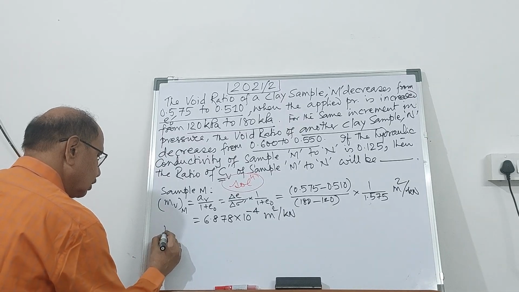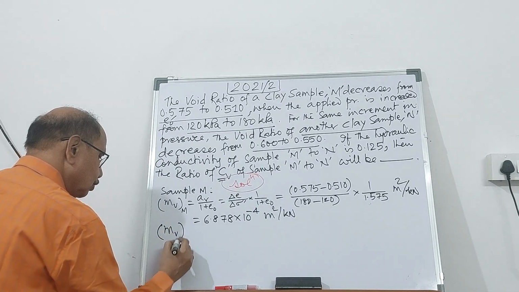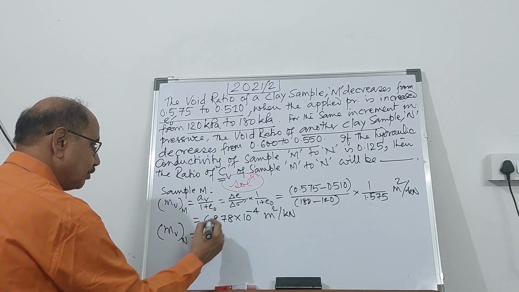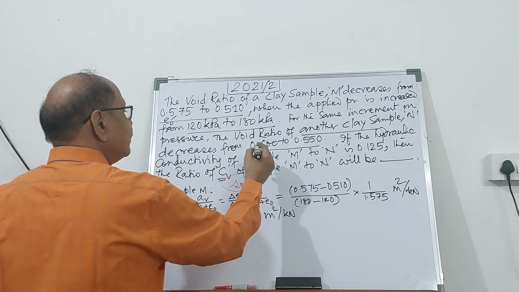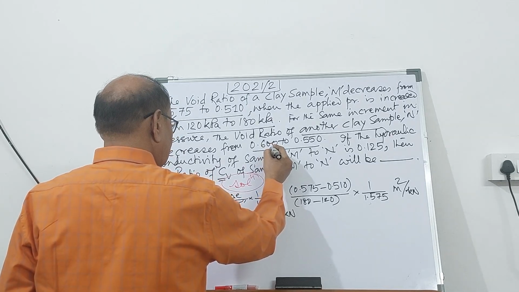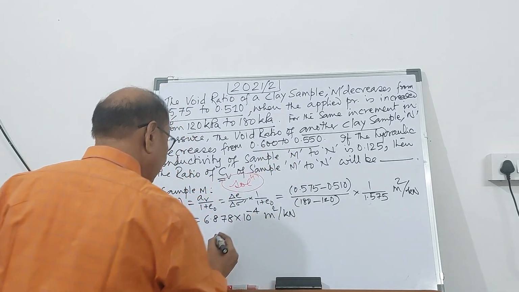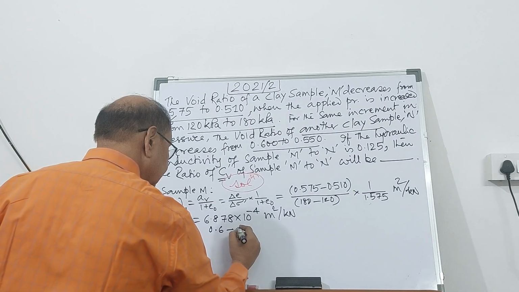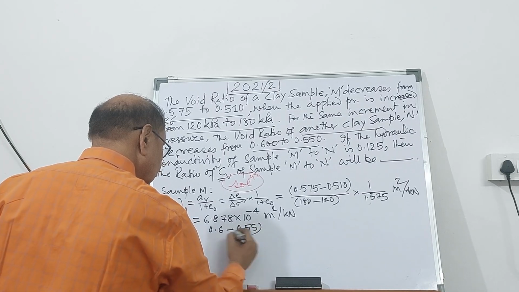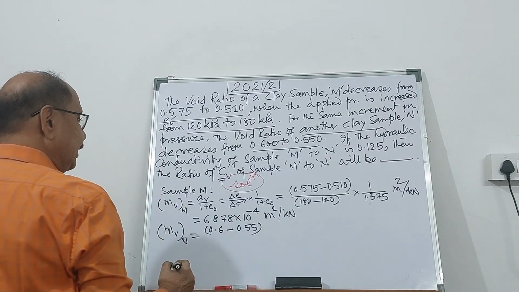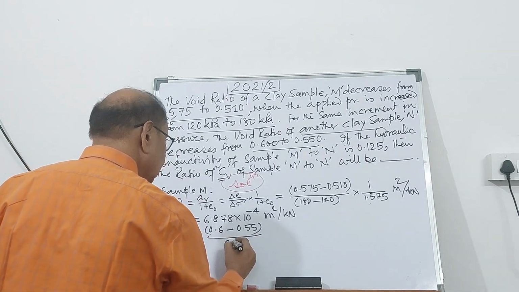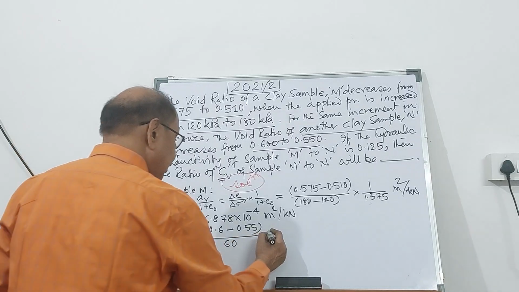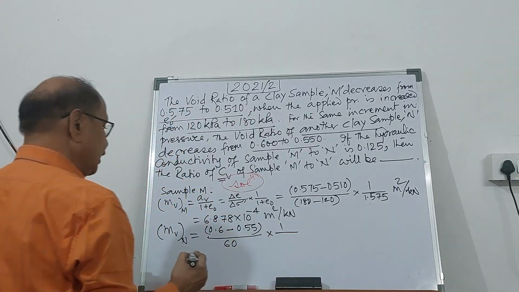Similarly, I can find out the MV value, coefficient of volume compressibility, for N. Now for N, the delta E is going to be 0.6 minus 0.55, delta E divided by delta sigma, that is 180 minus 120, that is 60, multiplied by 1 upon 1 plus E naught.